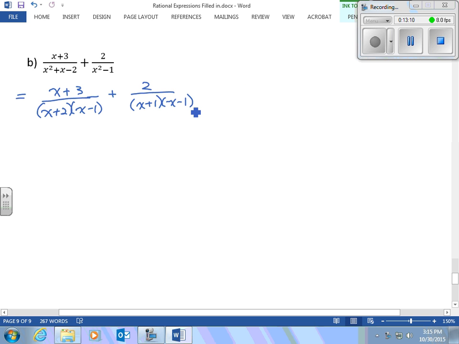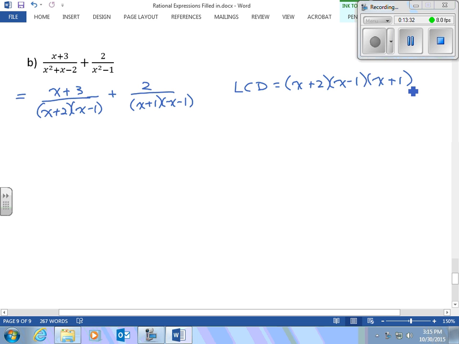So we'll just write what our lowest common denominator is off to the side here. It's all of the factors of the first one, so x plus 2, x minus 1, and any new ones that are different on the second one. So it's just going to be the x plus 1.